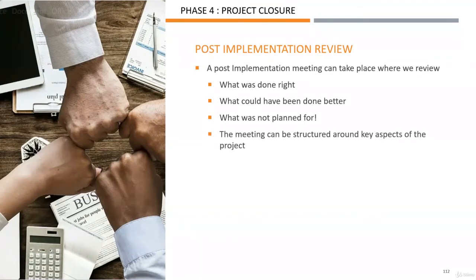There are different structures that you can apply to this meeting. You can say, okay, what was done right in planning, for instance, what was done right in execution? How was testing done? Or how was stakeholder communication done? You can ask the stakeholders at the end, or the steering committee, how was my communication to you as a project manager?